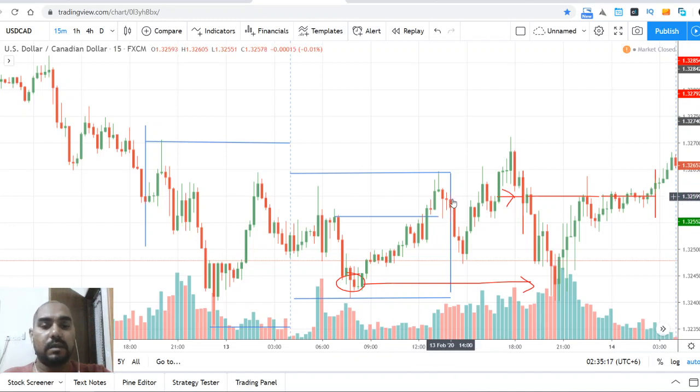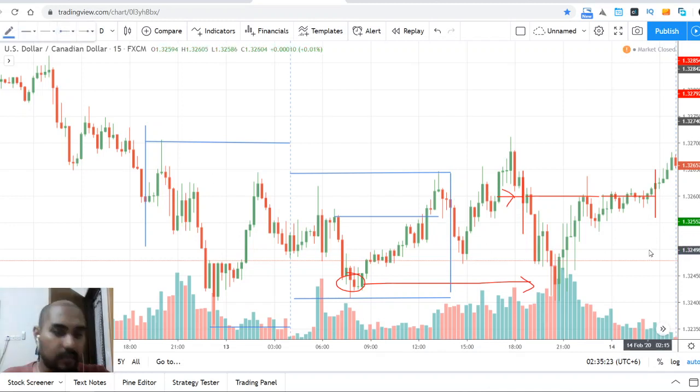This was London, and New York is 1900. So this was the beginning of New York.